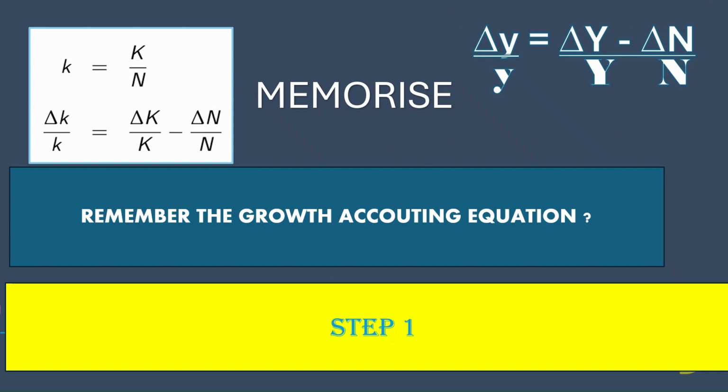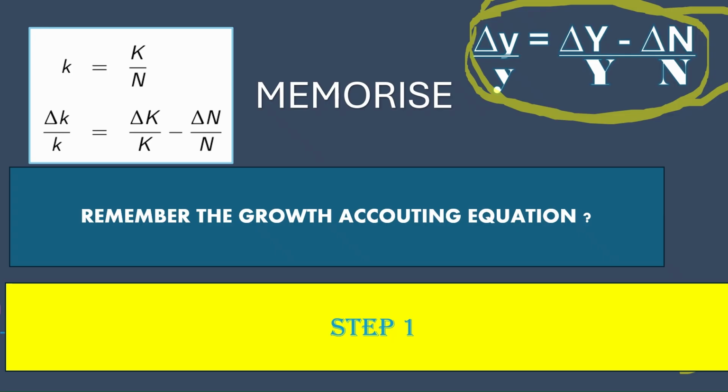And you may ask, how did we get this equation right here? You get this formula by working out your growth accounting per capita equation, which we will do in the next video. Right, so let's get into it.